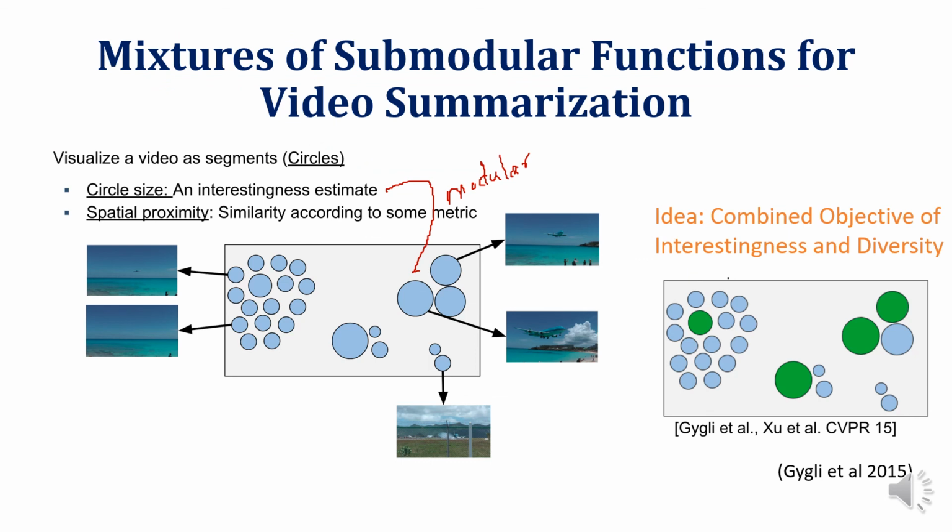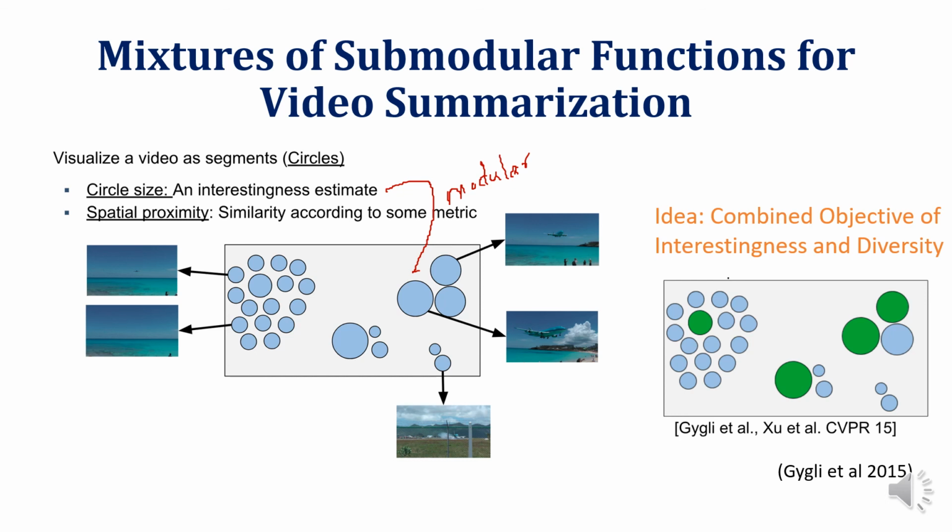Now, what are the approaches for learning? Well, whether it's Visuosity or the other data sets, once you have ground truth, you could use any of the existing state-of-the-art. And Giggly is one such work, where they visualize a video as segments or circles. The circle size is an interestingness estimate, whereas spatial proximity is a measure of similarity.